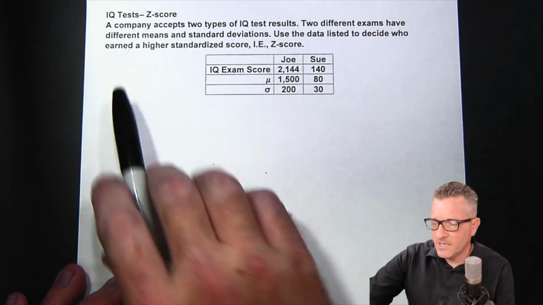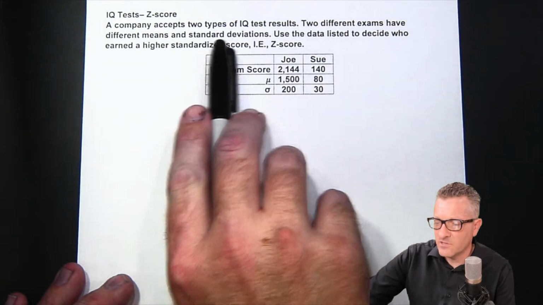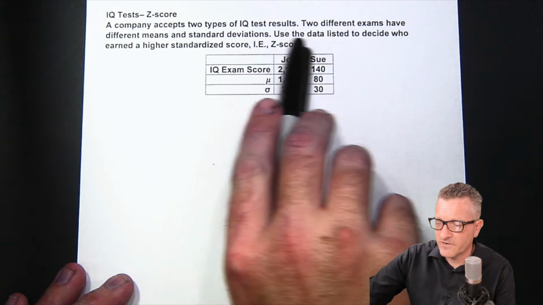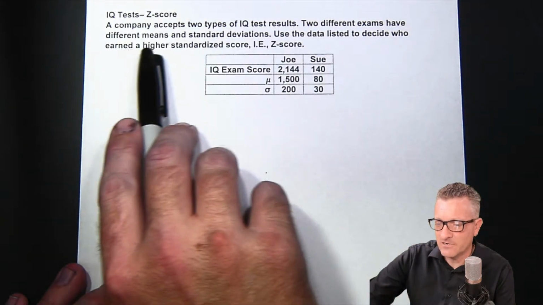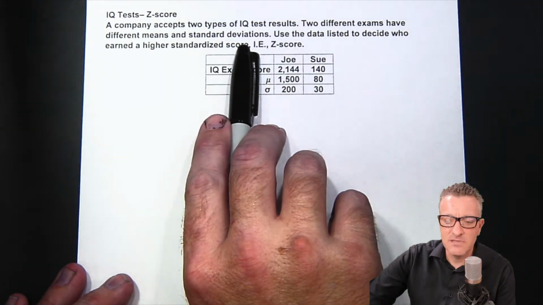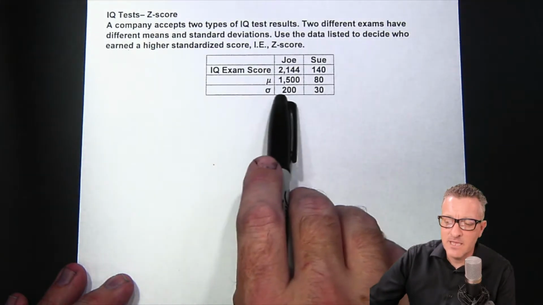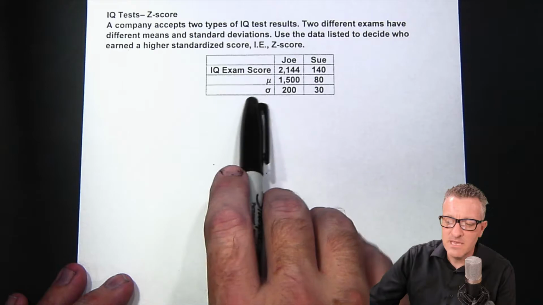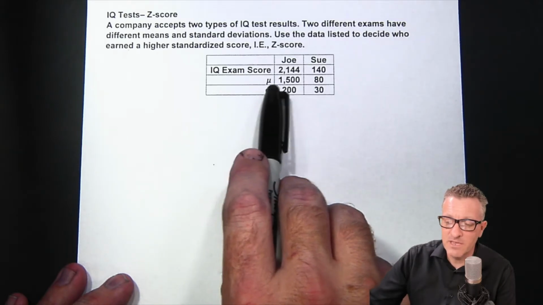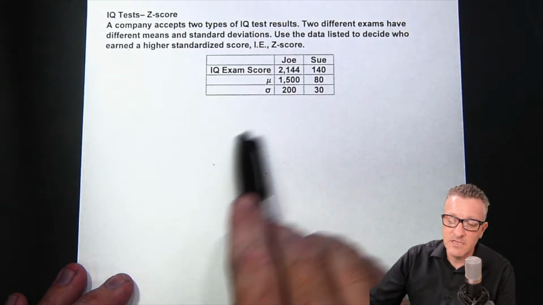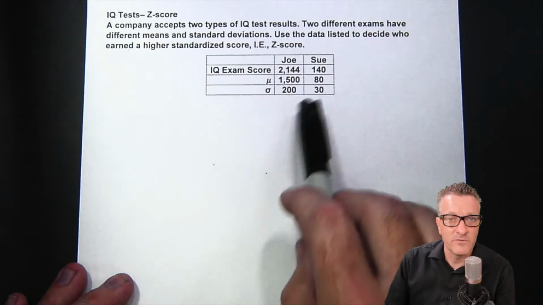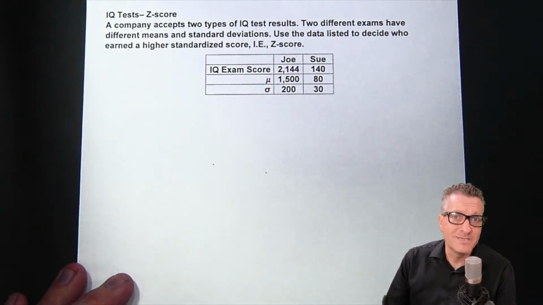Okay. A company accepts two types of IQ test results. Two different exams have different means and standard deviations. So you can see this would be a problem. We have two different types of tests, and one has a much higher mean than the other one, and one has a standard deviation that's much different than the other one. So how would you figure out who did better?